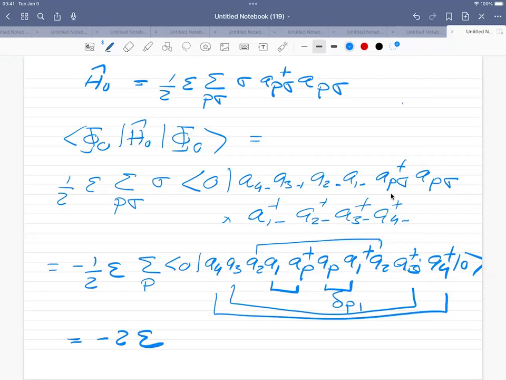Now here, you see immediately from this more compact notation where you're simply looking at the number of particles in a given state, that when you have contracted the operator with one single particle states, there is only one way you can perform the other contractions. So it's a much more, how to say, simple way to see the way you calculate expectation values. So this is a pretty simple answer.